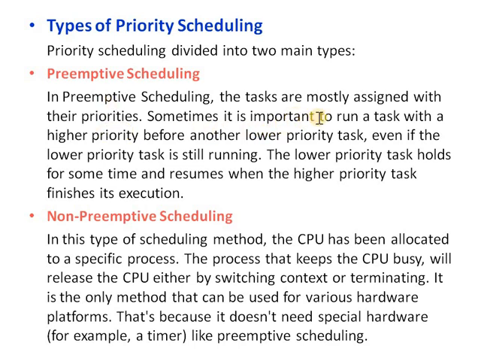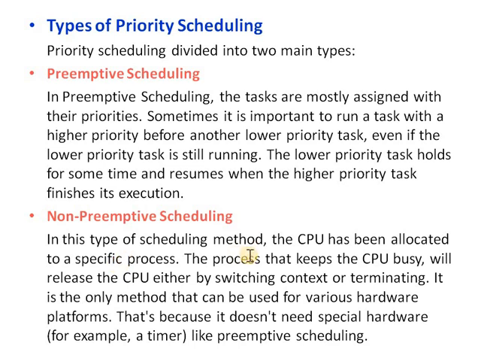Sometimes it is important to run a task with a higher priority before another lower priority task, even if the lower priority task is still running. Then the lower priority process holds for some time and resumes when the higher priority task finishes its execution. But in the case of non-preemptive scheduling, the CPU has been allocated to a specific process.